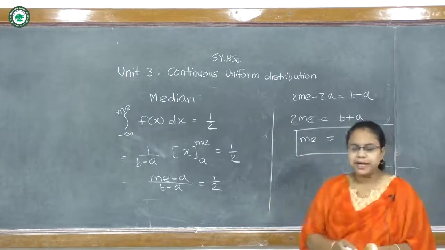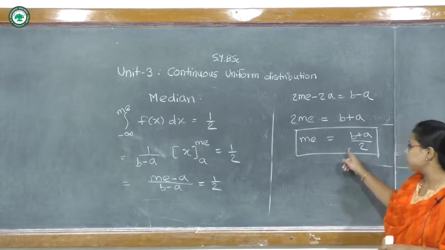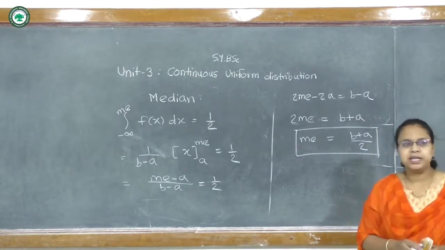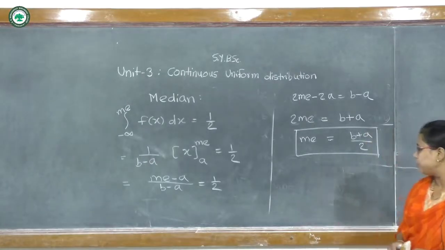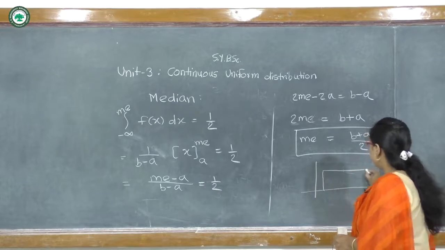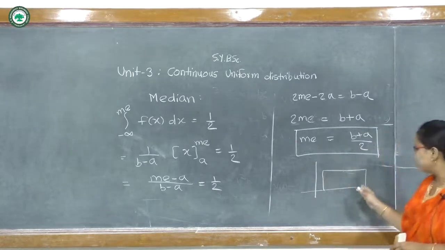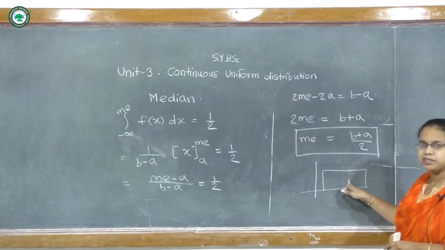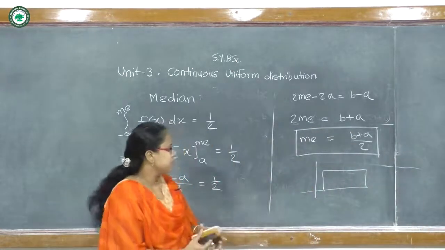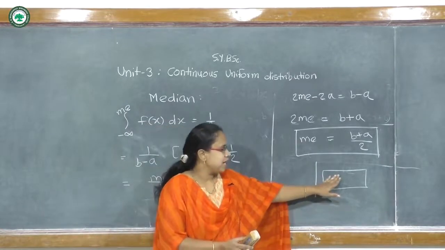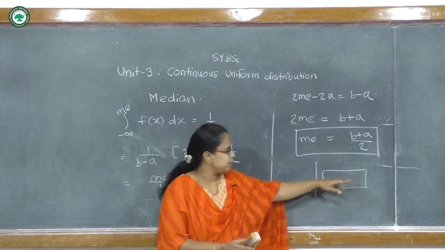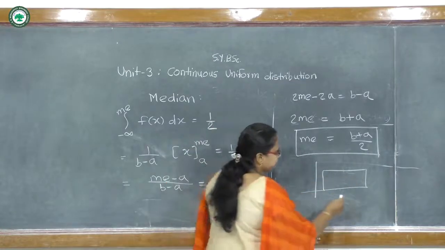This is the median of the uniform distribution with parameters a, b, and we can see that this median is the same as the mean. As this distribution is symmetric, its mean and median are equal. Since this distribution is rectangular and flat in nature, we cannot find its mode.